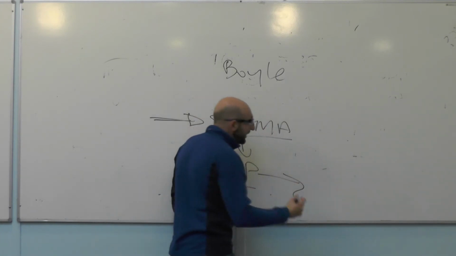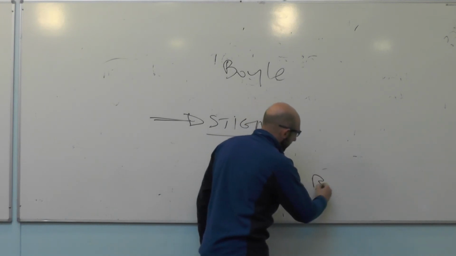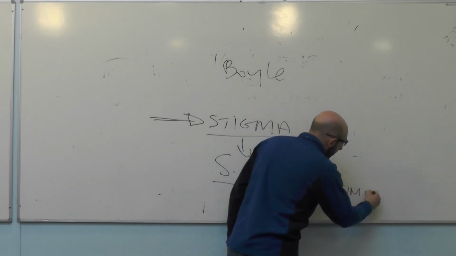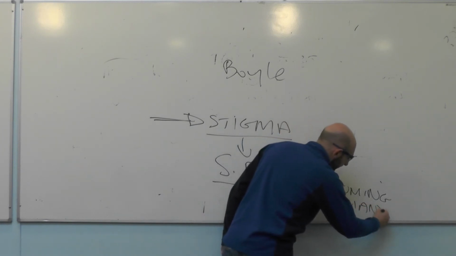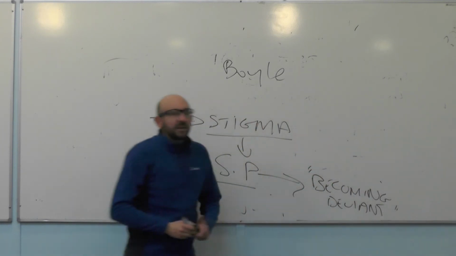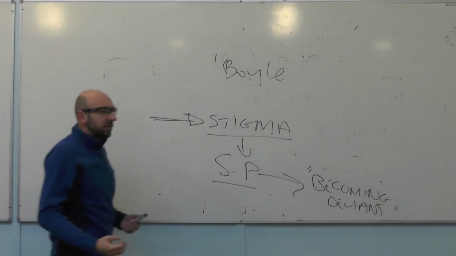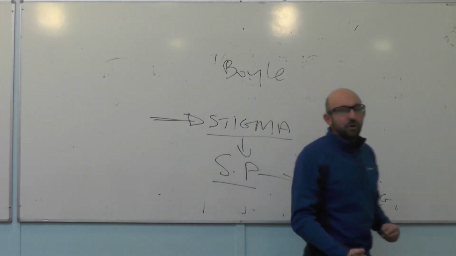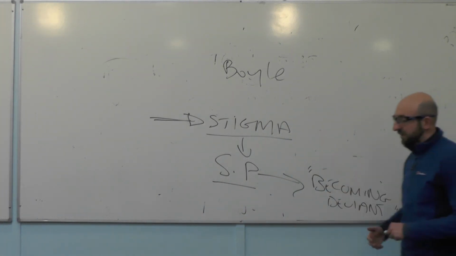So what we need to do then as criminologists is explore the processes that are involved in becoming deviant. So this means then that no individuals are inherently deviant, but we become deviant according to these social processes. There's a social process involved in becoming deviant.